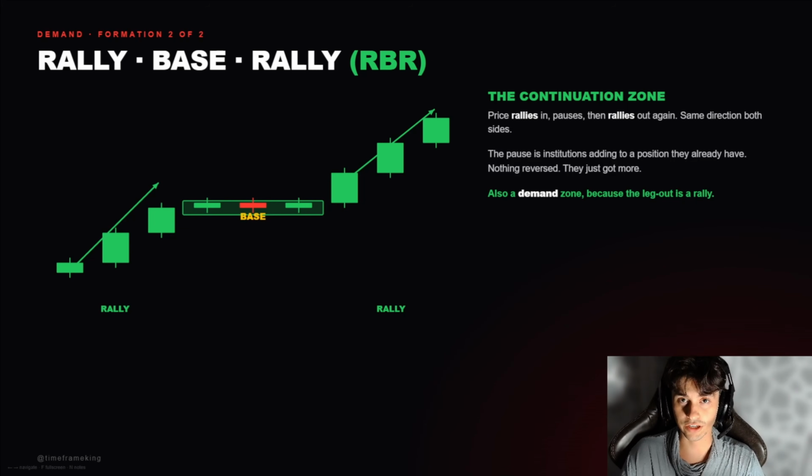They accumulated more. That pause is simply an institution adding to a position they already had. Drop base rally is reversal, rally base rally is continuation, but both are demand. That distinction is going to matter on, let's say, day 10, day 11, day 12, so you must get this down, okay?